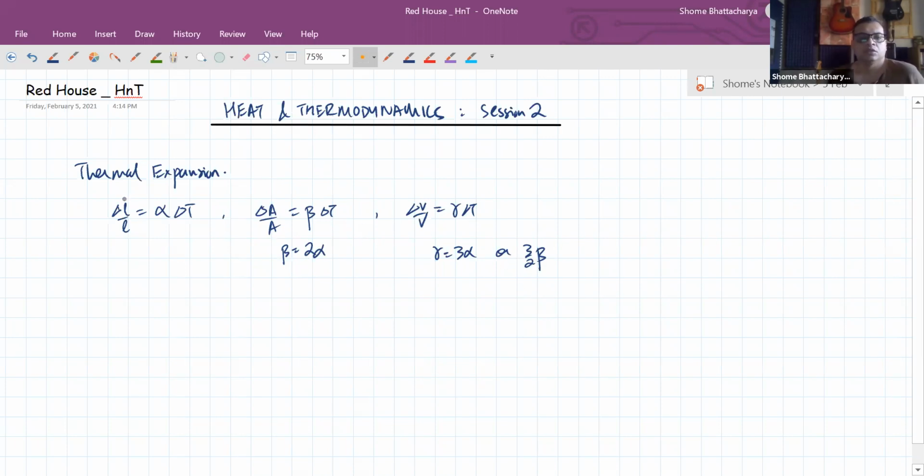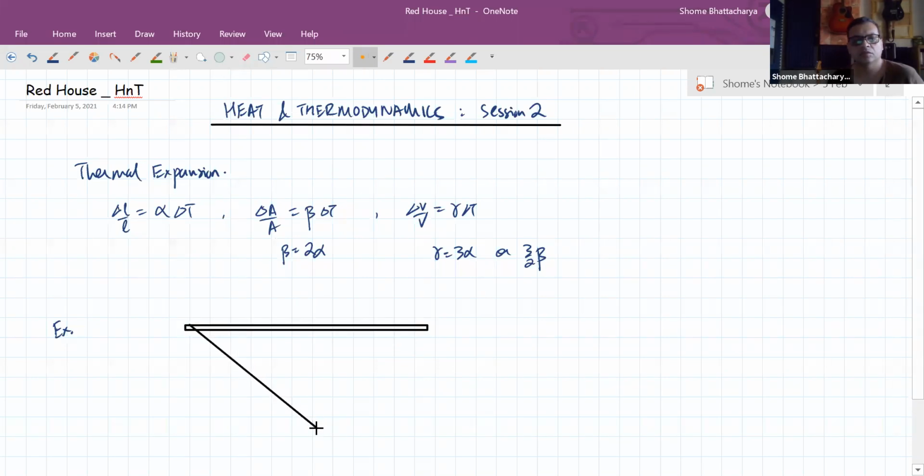So in terms of applications, let's start with another example problem. What we have today is a situation like this, where we have a triangular frame made of metallic rods, which are hinged at the ends.